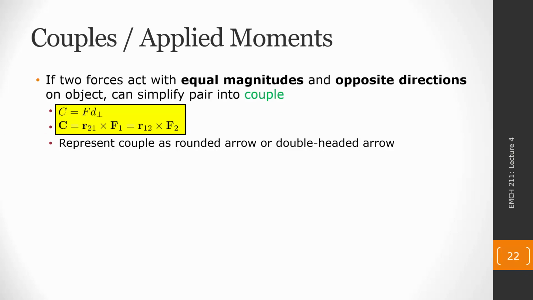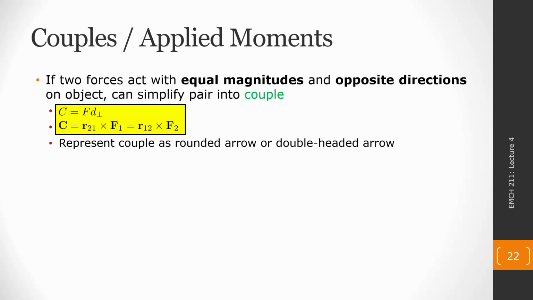So what we're going to do is when we reduce a pair of forces into what we're calling a couple or moment, we can represent it on our figure, on our free body diagram, as either a rounded arrow indicating the direction of the twisting, clockwise or counterclockwise. And typically in 2D, this is a good way to represent the couple.